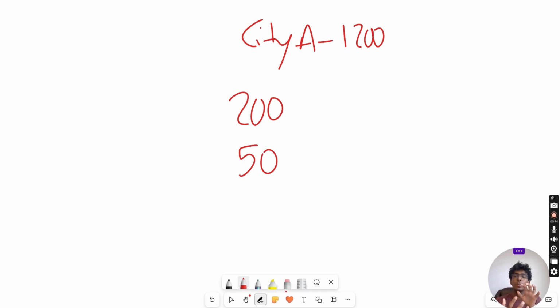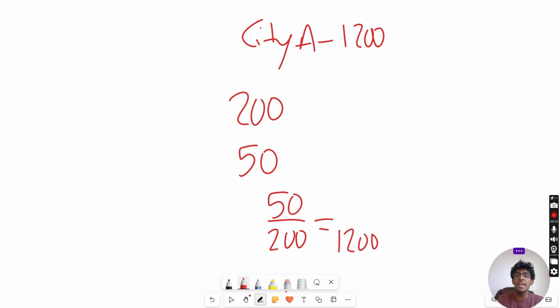You're using your sample proportion, and you're going to get an equal proportion in the entire city. So I would do 50 over 200. This is your sample proportion: the amount of people in the sample that said yes over the total number of the sample, equals the number of people in city A in support of the bill over 1,200, the total number of people in city A. This is just a simple cross multiplication one.